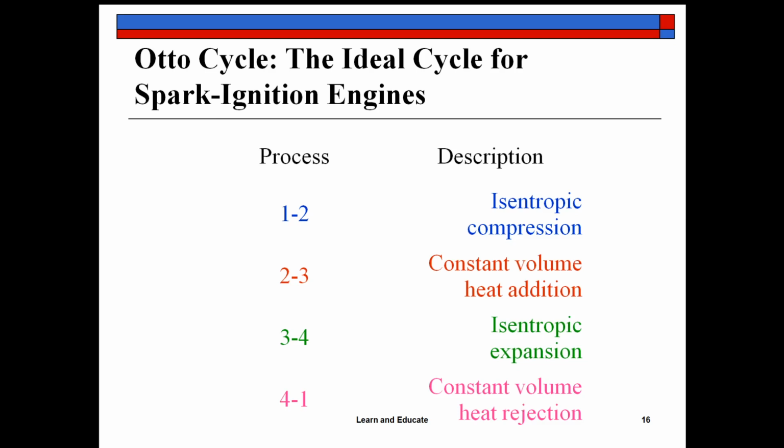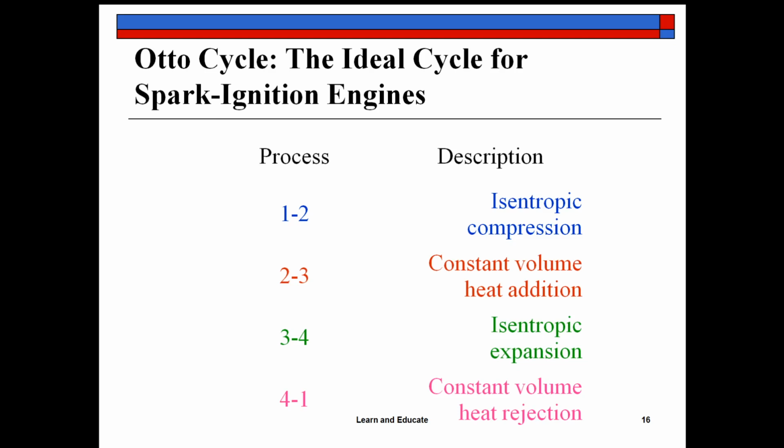So these are the four different processes in the Otto cycle, namely isentropic compression, that is reversible and adiabatic compression. Okay, the volume will be decreased. Constant volume heat addition, the volume is kept constant and heat is added in the form of a spark from the spark plug. A spark will be produced from the spark plug in the spark ignition engines. That's why the name spark ignition.